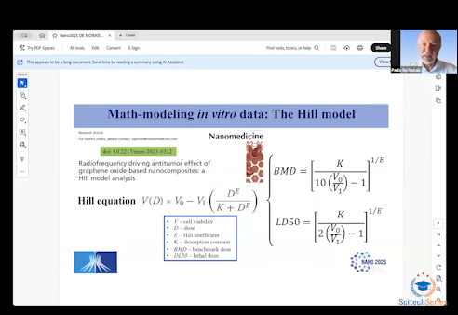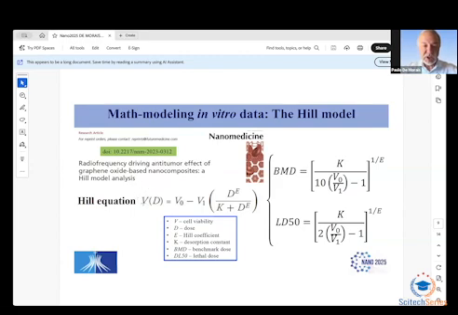It was proposed in 1910 by the British physiologist Archibald Vivian Hill, and the paper he published was his second paper. About 12 years later, Archibald Vivian Hill actually won the Nobel Prize in medicine and physiology.